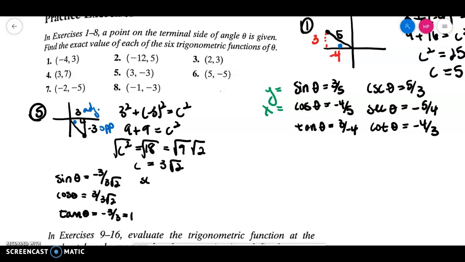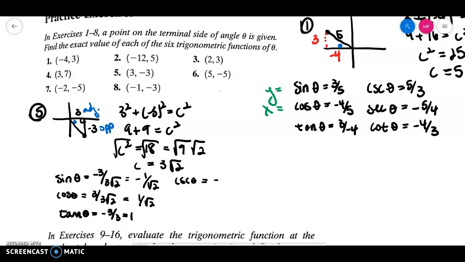And then same thing, my cosecant of theta is the reciprocal. I didn't simplify those, and I should have. Hold up. I have 3 divided by 3, which is really just -1 over the square root of 2. Those simplify. And then the same thing happens here, but it's +1 over the square root of 2.